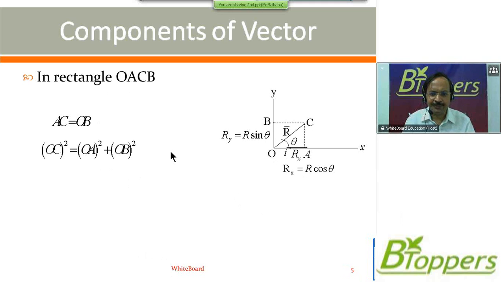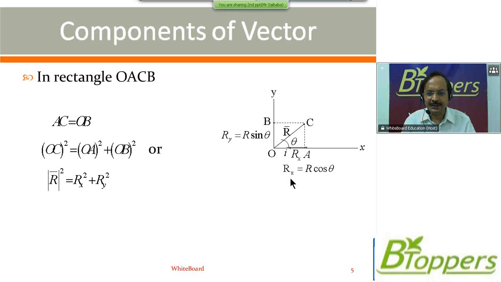Now we can write AC equal to OB. Therefore we can write OC square equal to OA square plus OB square. Length of line OA gives you Rx. Length of line OB gives you Ry. Rx and Ry, they are called the scalar components of vector R bar along x and y axis.